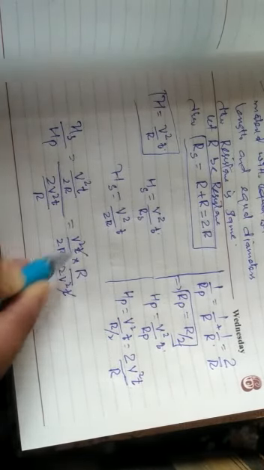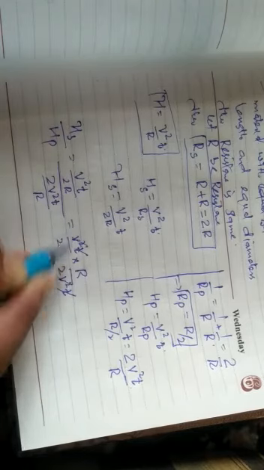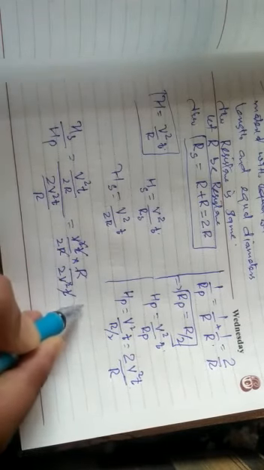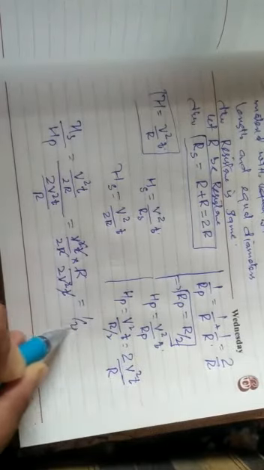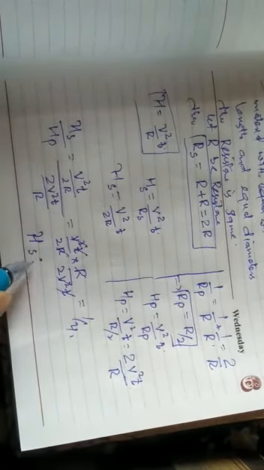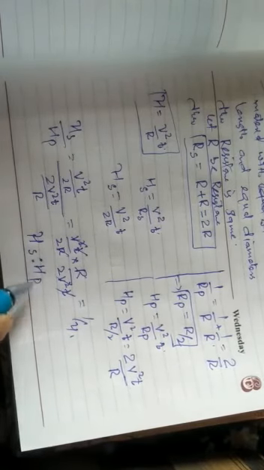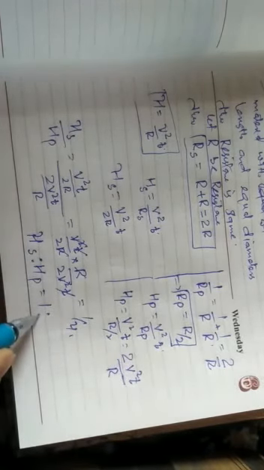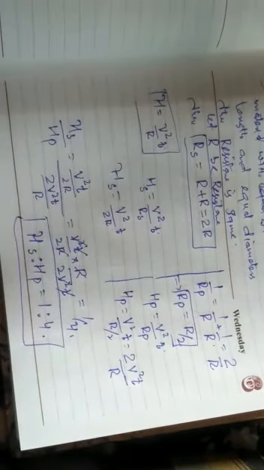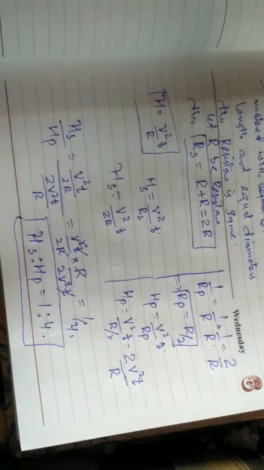This t cancels with this t, this V square cancels with this, this R cancels with this R. It is simply 1 by 4. So Hs is to Hp equals 1 is to 4. This is the correct option. This is the heat produced when the two wires of the same material are first connected in series, then in parallel: the heat produced will be 1 is to 4.